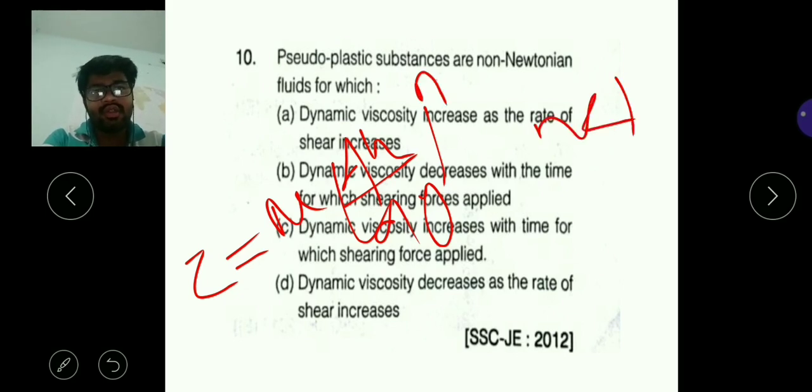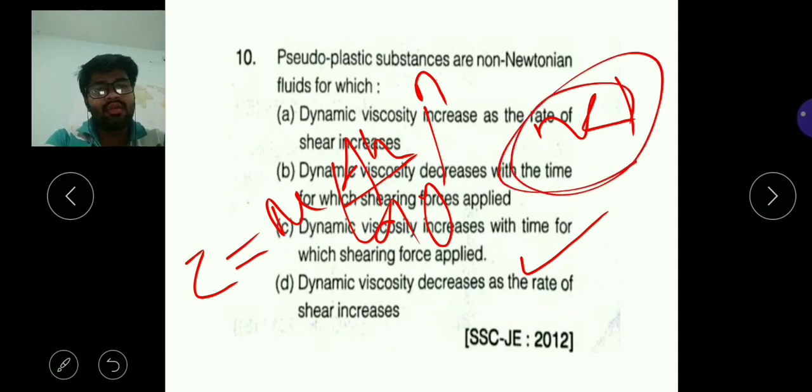If n is less than 1, then what will happen? The options: dynamic viscosity increases with time for which shear stress is applied; dynamic viscosity increases as the rate of shear increases; or the fourth option, dynamic viscosity decreases as the rate of shear increases.